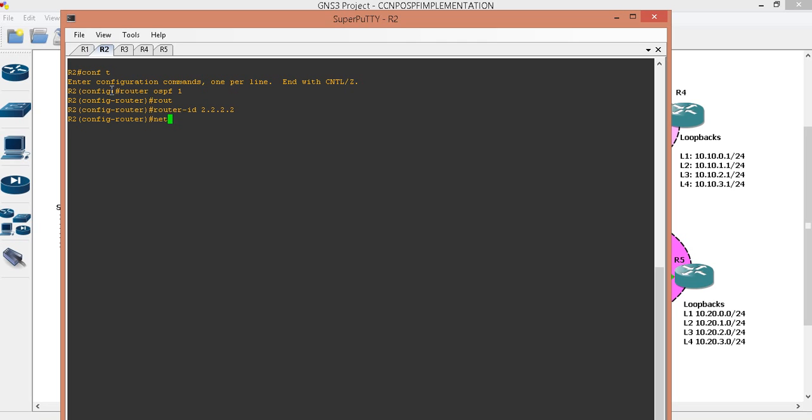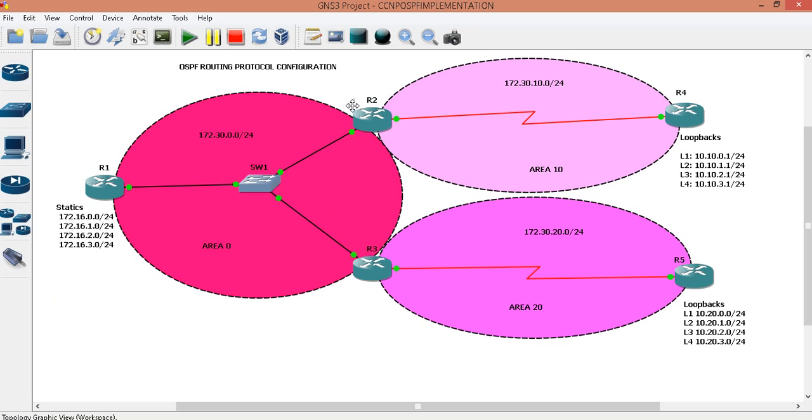Network 172.40.0.2 0.0.0.0, that's the wildcard mask, area 0. Remember, router 2 is standing in between two areas. You have one interface on area 0 and another interface on area 10.